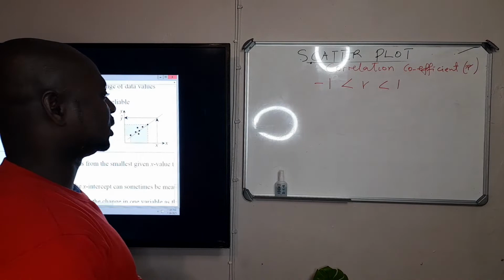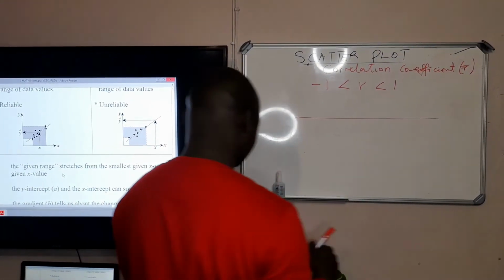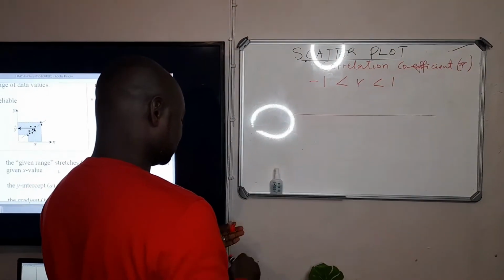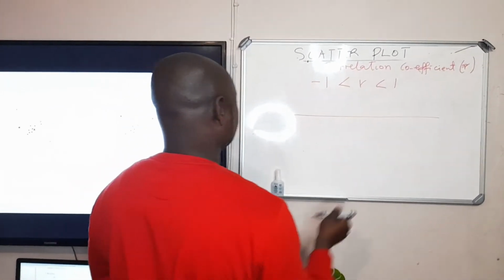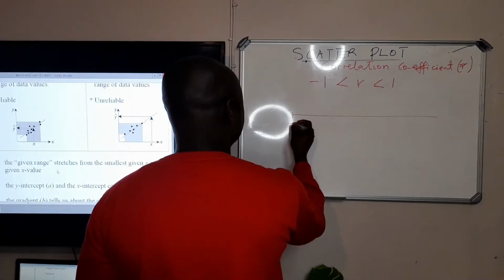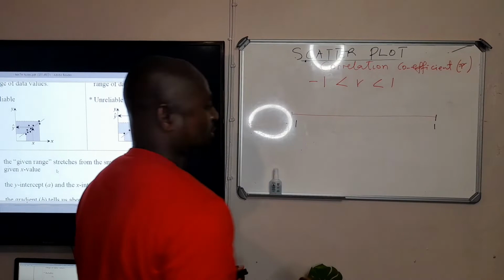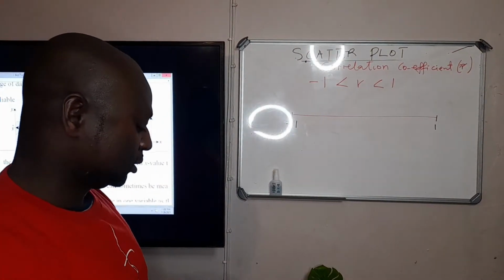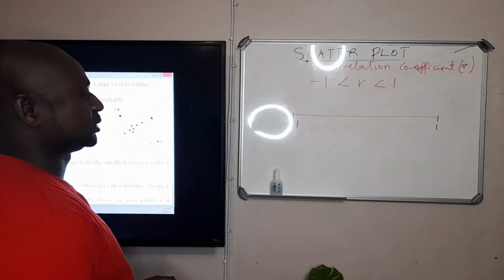So let's say our R is on the number line like this. The lowest form of R we can get is -1, and the biggest number we can get is +1. So we are going to learn how to interpret this.